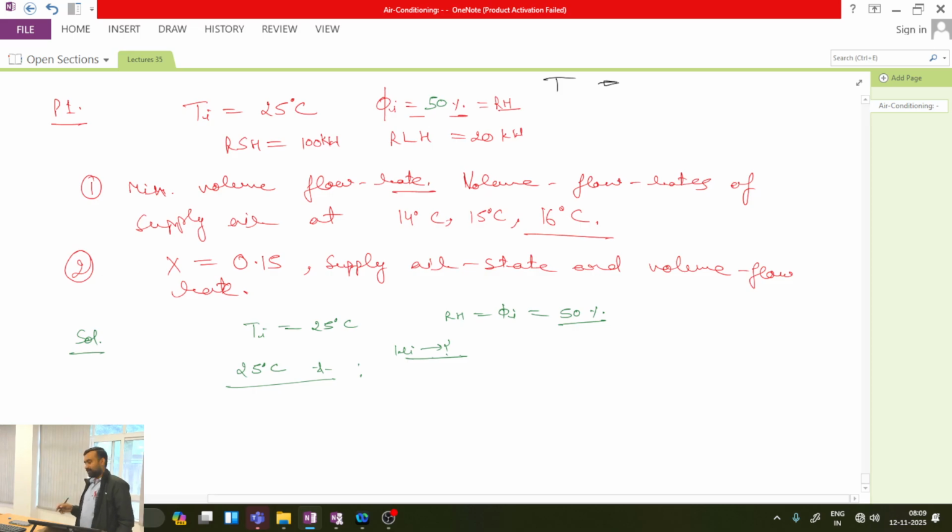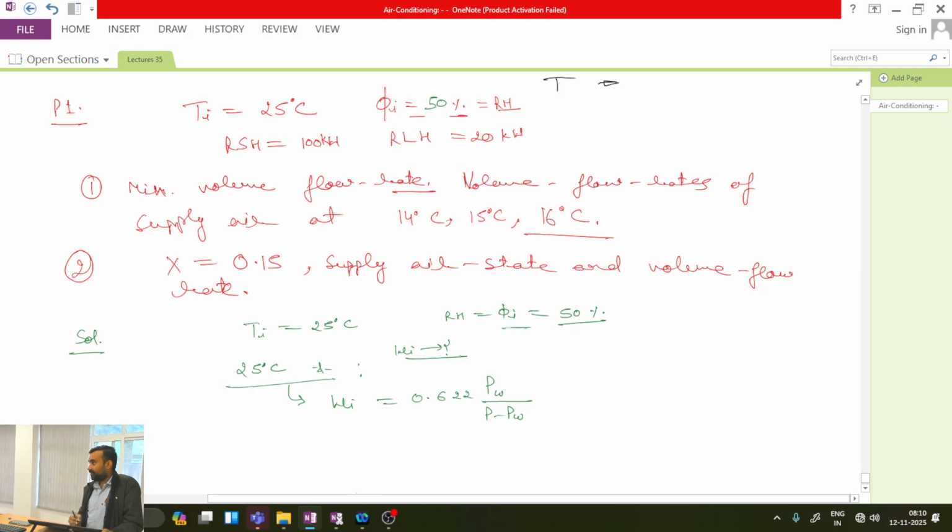If temperature is given and I need to calculate WI, how do we calculate? 0.622 into Pw upon P minus Pw. Yes, if you see the formula for WI, it is nothing but 0.622 into Pw upon P minus Pw. That is the formula.